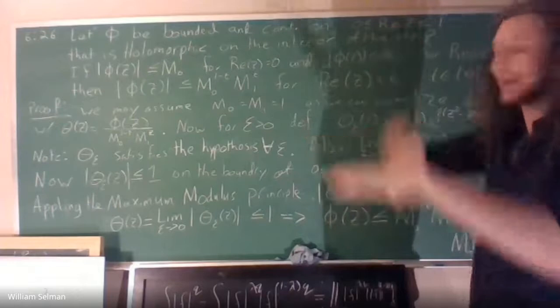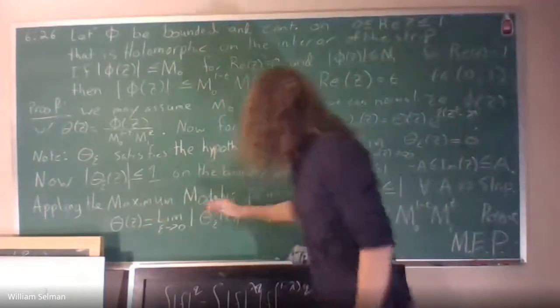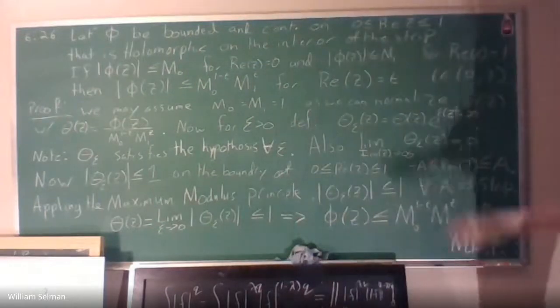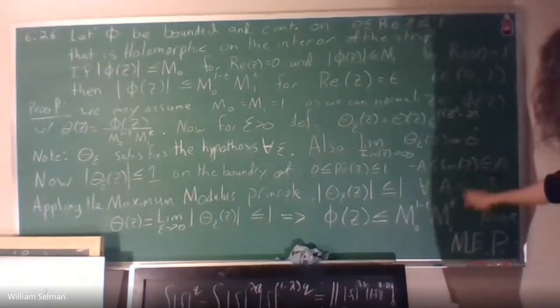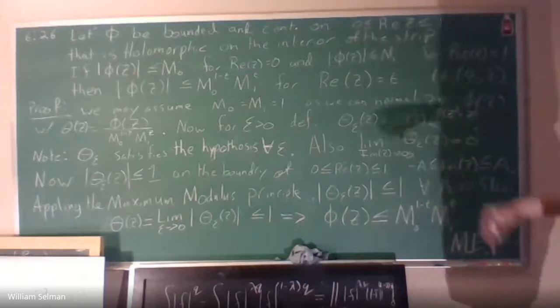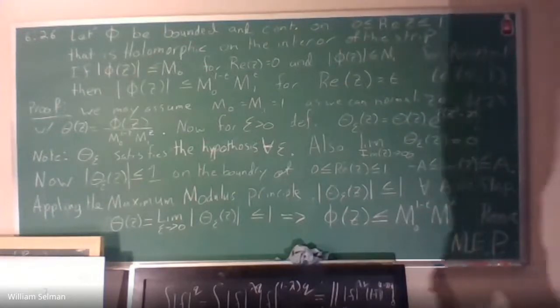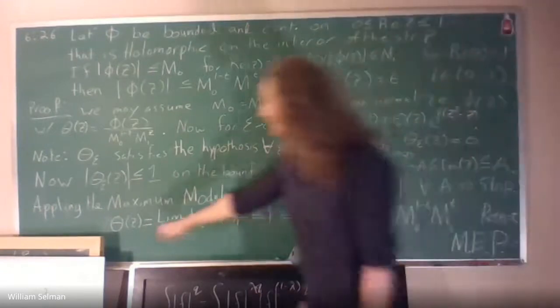So using the maximum modulus principle, we get that it in fact is less than or equal to 1 inside of this entire rectangle for all a. And then, because a was chosen arbitrarily, and we can make it arbitrarily large, this shows that it's true for the entire strip.